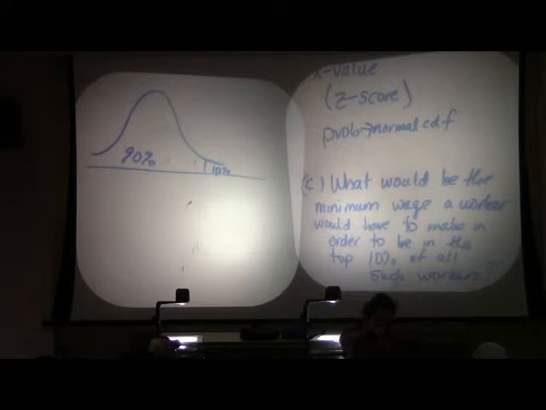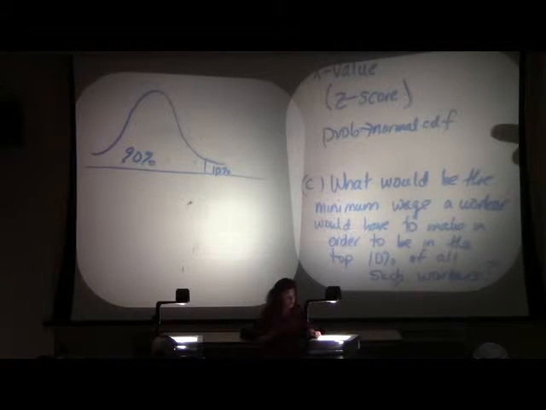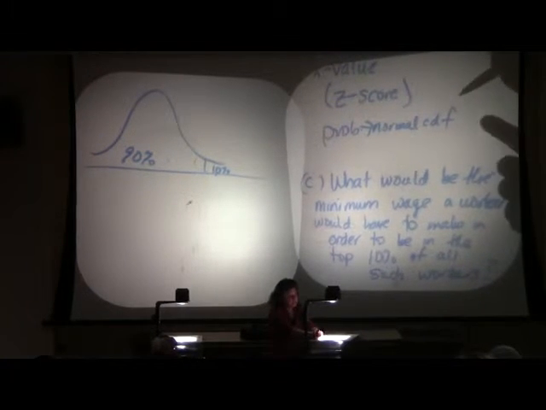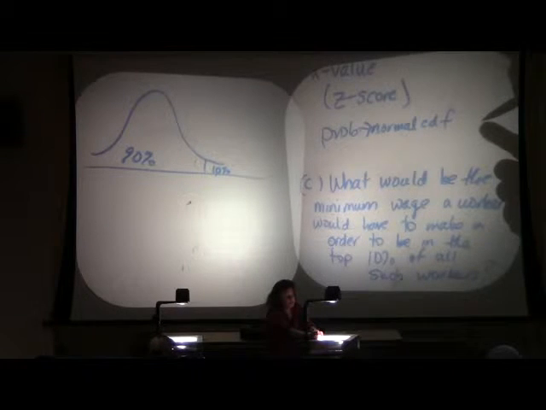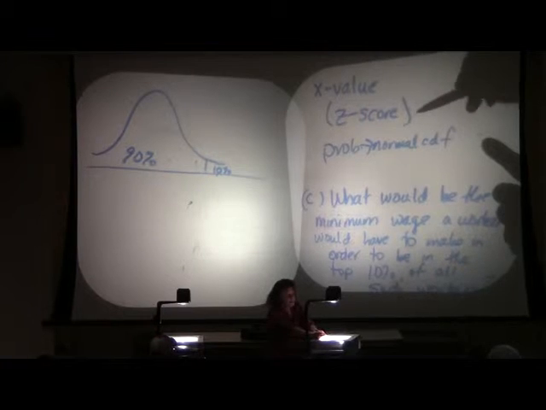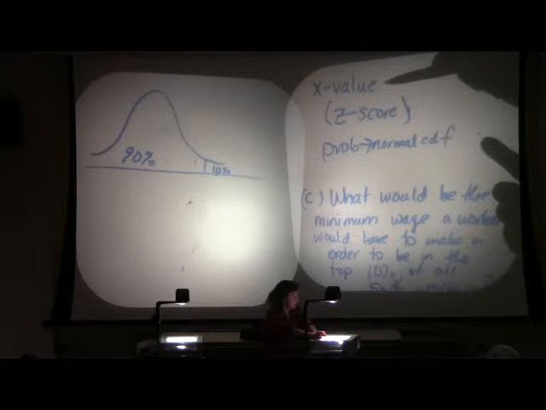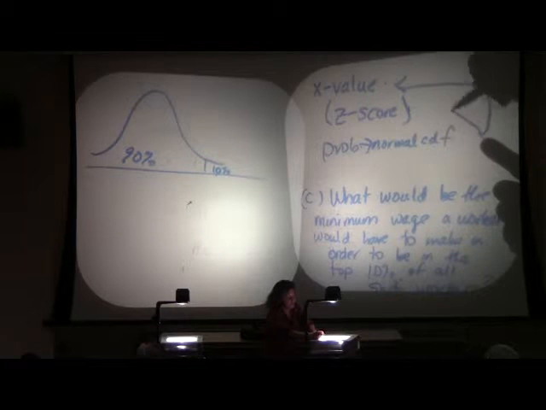All right? So, what we're going to be dealing with now, here in this type of situation, is we're essentially going to be starting with the probability. And then, those of us with my type of calculator, we're going to have a z-score, and then we're going to have to find an x value. Some of you guys will be able to directly go here.